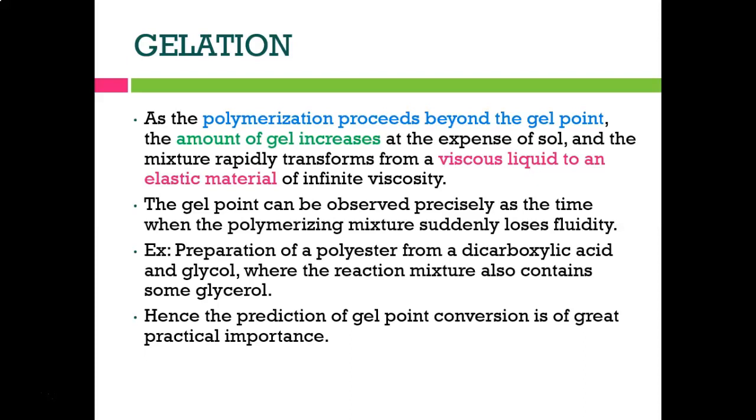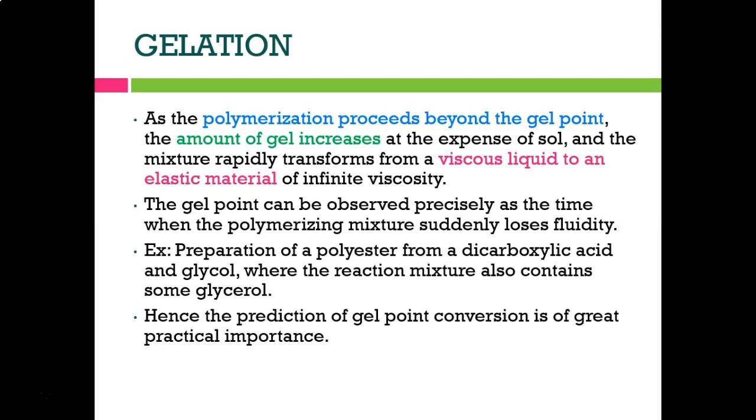Hence, the prediction of the gel point conversion is of great practical importance. You need to measure or control the amount of heat during the reaction. If the heat used is beyond its limits or out of control, this will enhance the process of gelation, which you should avoid.